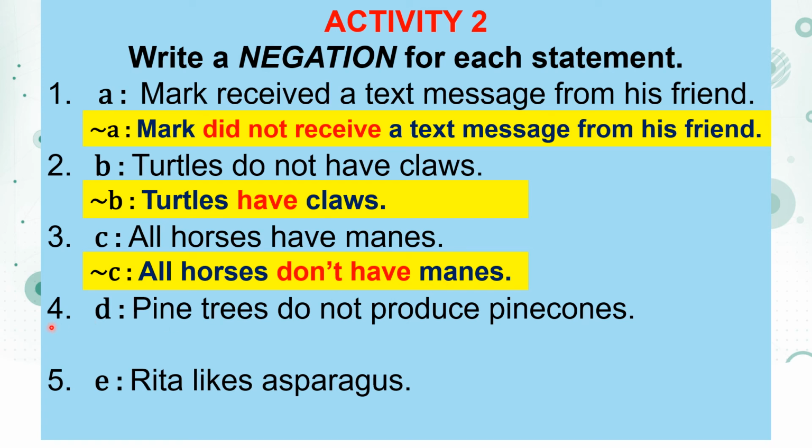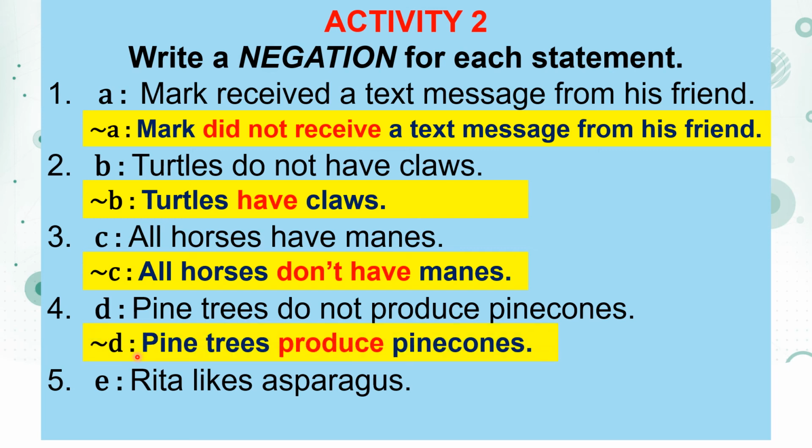Number 4. D is the proposition. Pine trees do not produce pine cones. The opposite for do not produce is produce. So the negation of proposition D is pine trees produce pine cones.